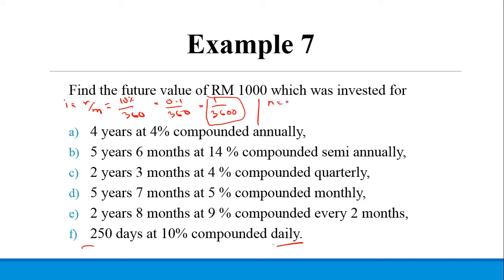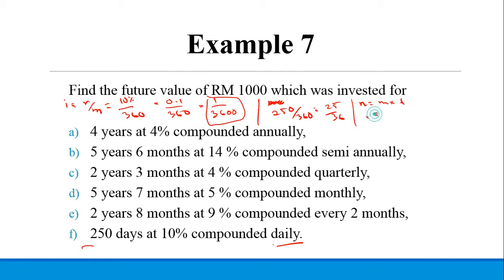Then N equal to, before that you need to change it into a year: 250 divided by 360. To find the n, it is equal to m multiplied by t.